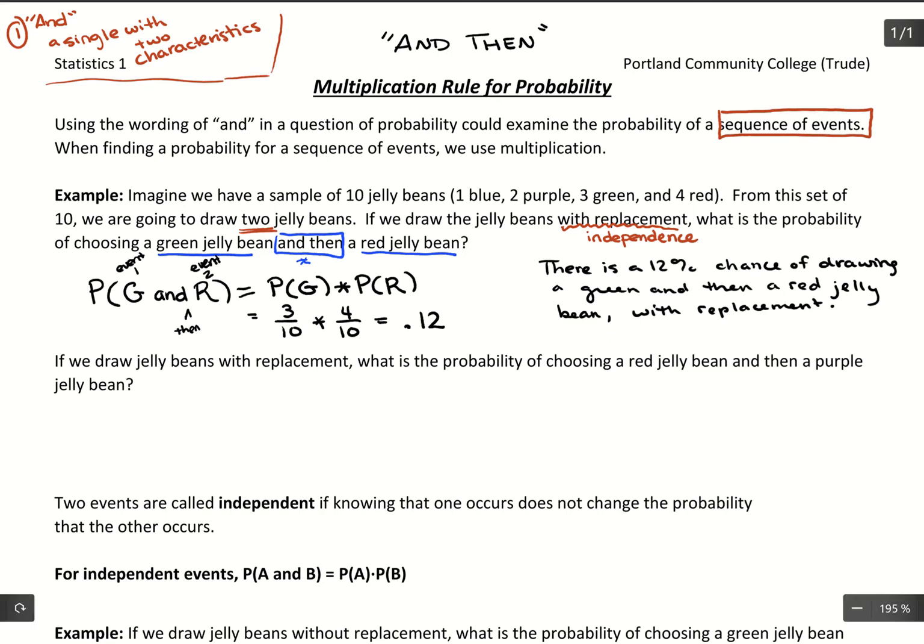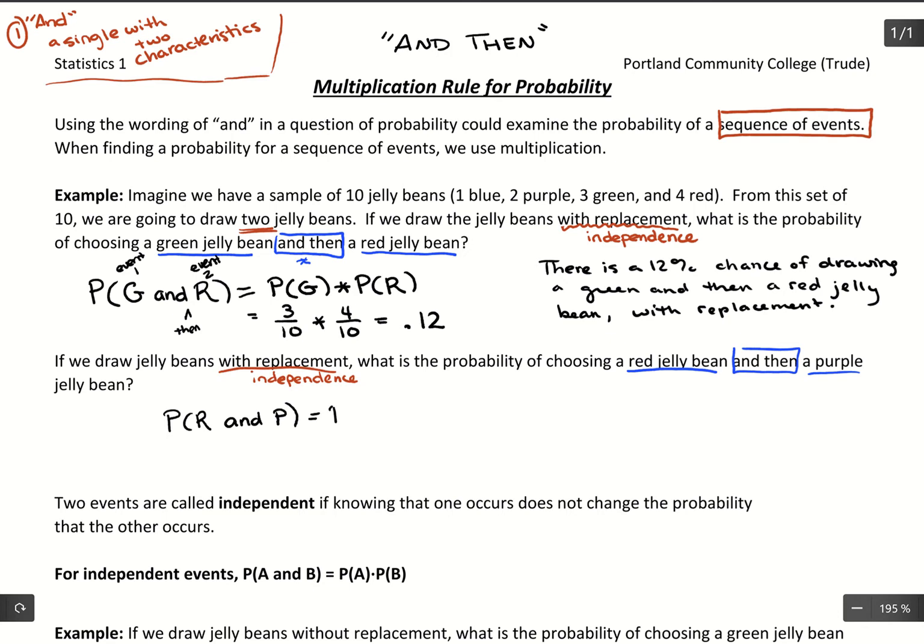Let's look at another example of this. Say we're drawing with replacement, so we have independence, so probabilities aren't going to be changing here. What's the probability of a red jelly bean and then a purple jelly bean? So we're looking for the probability of red and then purple.